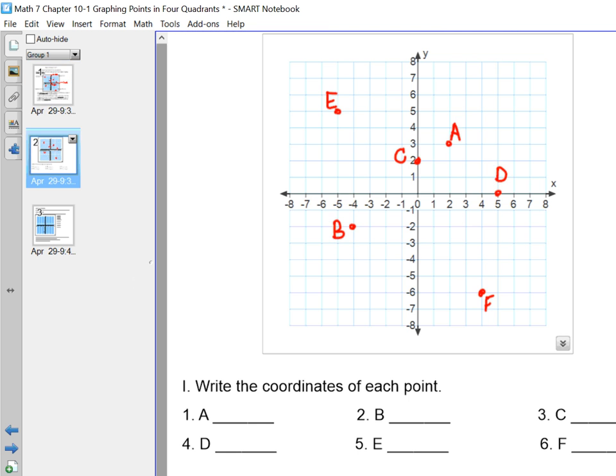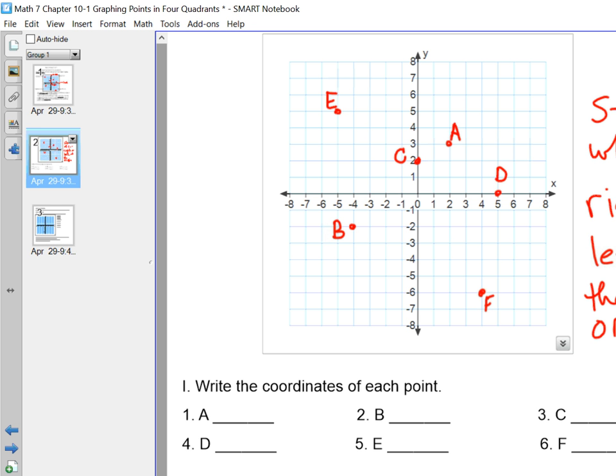The next thing that we're going to be working on is actually writing the coordinates for a point. Here again, it's a good idea to start with x. We always want to deal with going right or left of the origin. That's where we usually start.